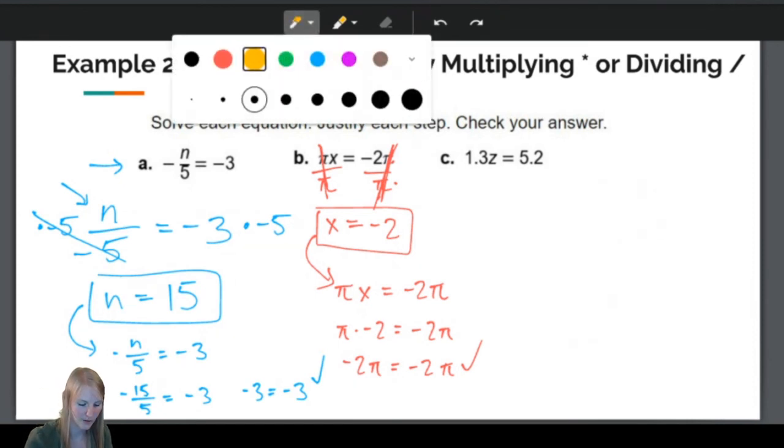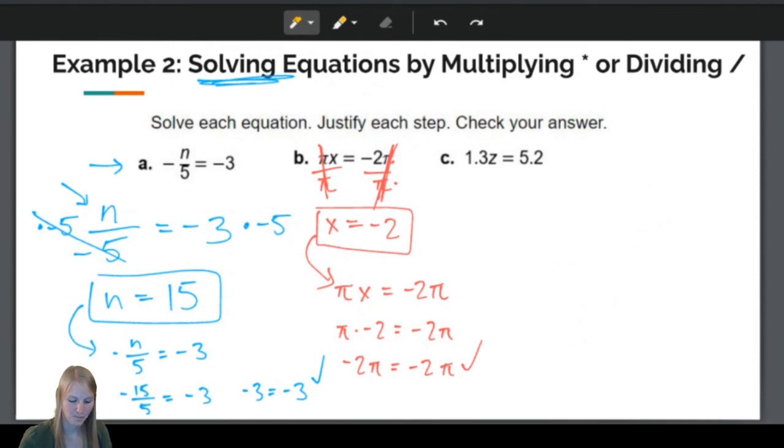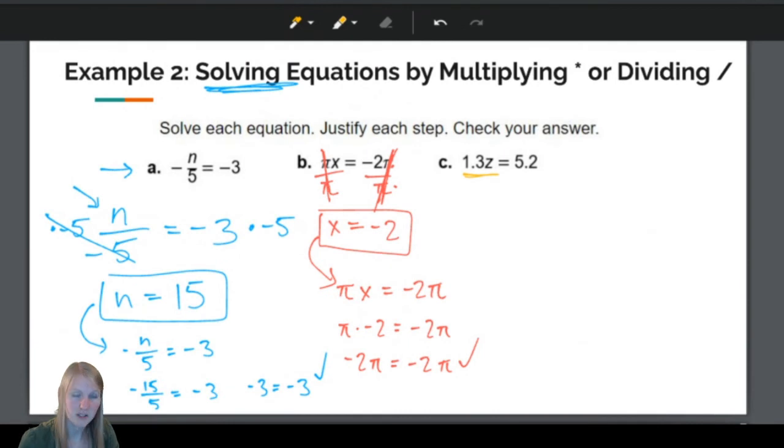Okay, new color. Last question. 1.3 times z. Remember, because they're touching each other, because the 1.3 is right next to the z, it means they're multiplied. So 1.3 times z equals 5.2.